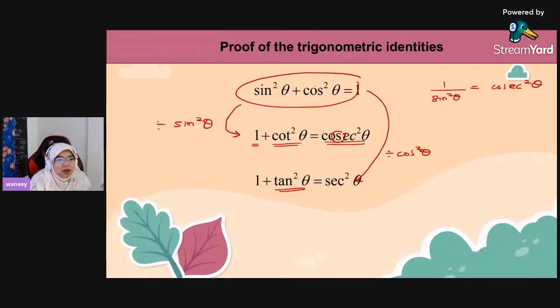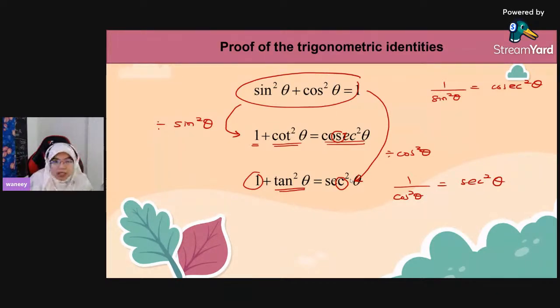Cos square over cos square gives 1. 1 over cos square is secant square theta. So you can memorize the first one, and the second and third you can derive. That is normally what happens to me. I don't really remember them, so I just memorize the first one, and the second and third I normally derive.